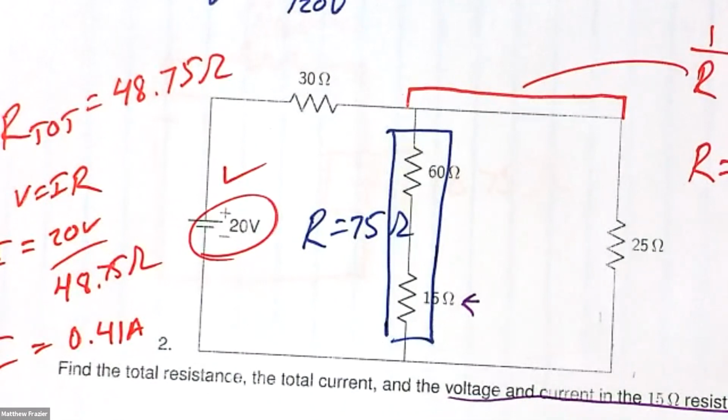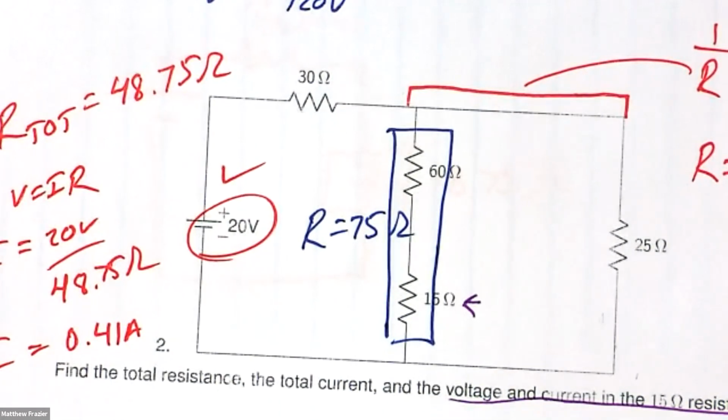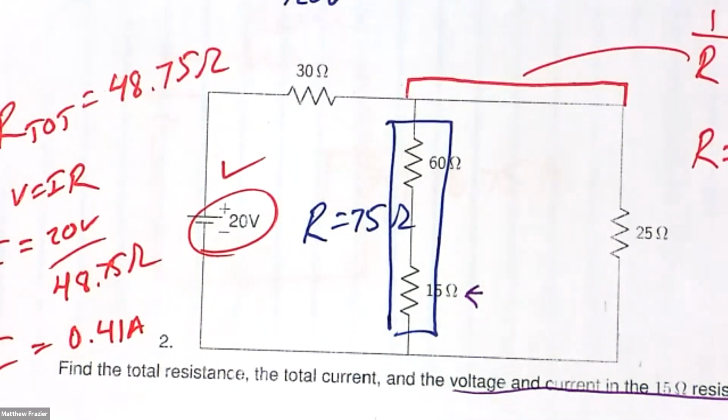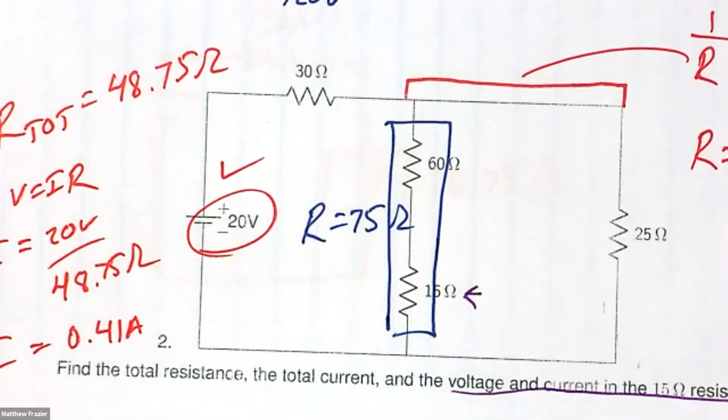Let me ask a question. Do you know how much current flows through that 15 ohm resistor? The only current we know is the total, 0.41. Some of my students will say that's what flows through there.